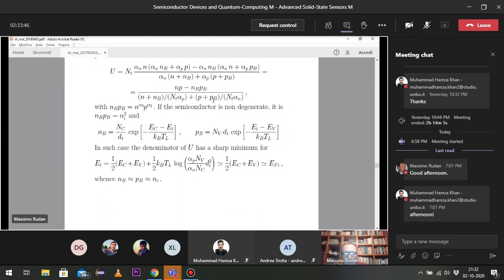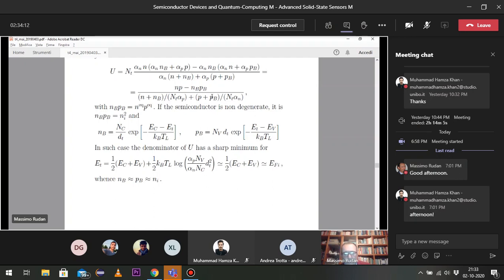And PB is proportional to the exponent of minus ET over KT. Okay? So the trap level at the very end in the non-degenerate case appears only in the denominator of U.